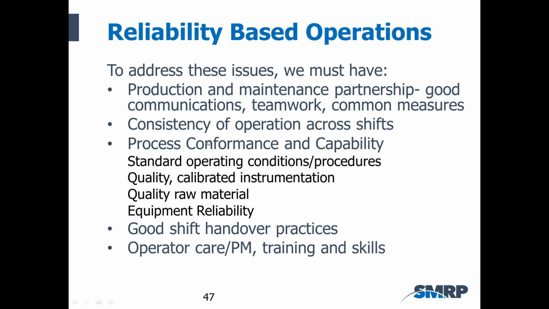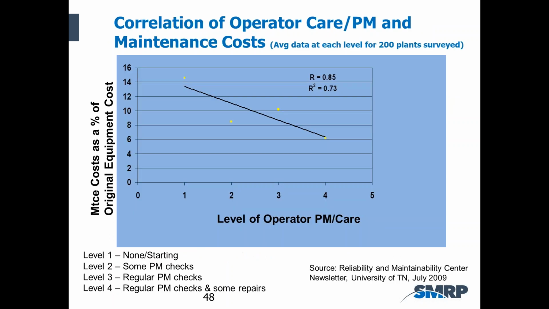You need good process conformance and capability. You need process conformance control measures that keep you within those upper and lower control limits. You need good shift handovers. Each shift works to make the next shift successful. And of course, you need operator care. Operators looking after and loving that equipment like it's their own.